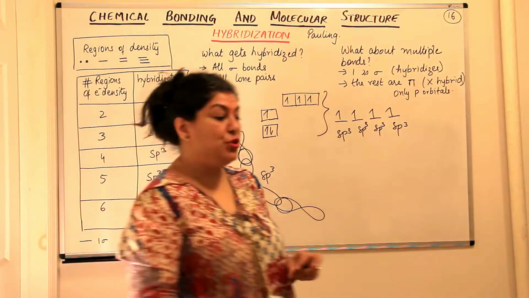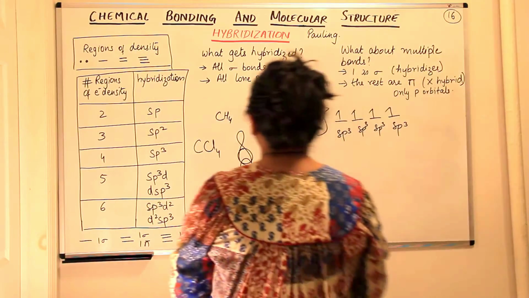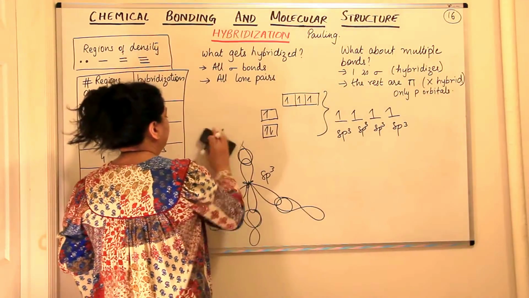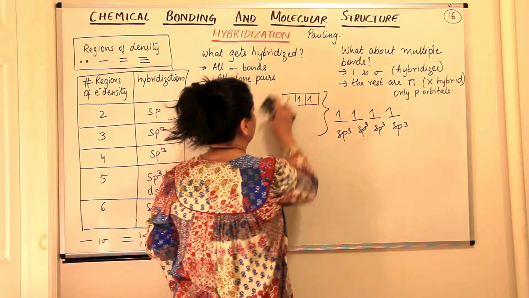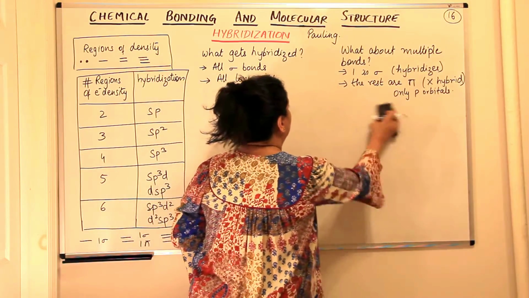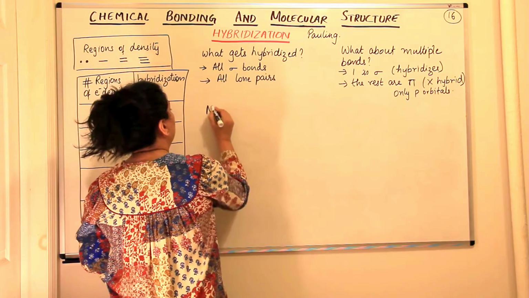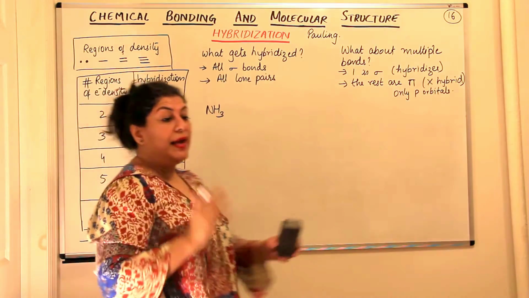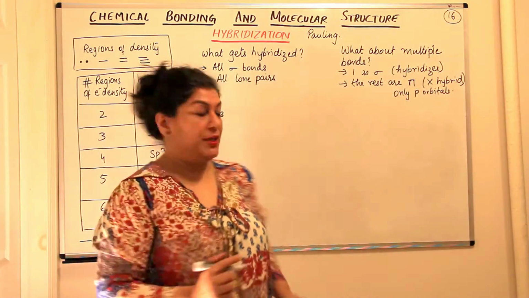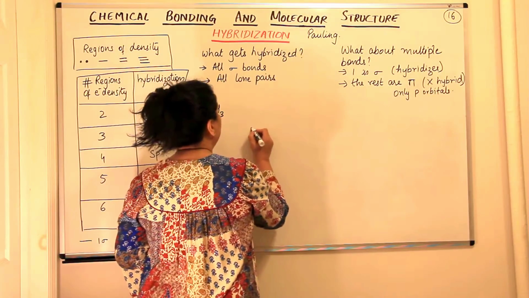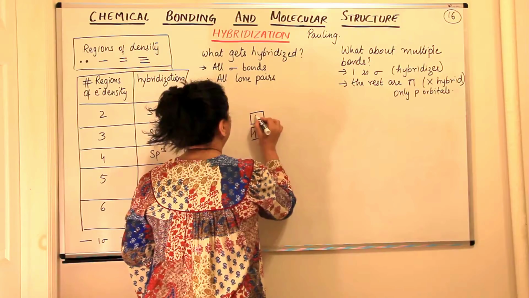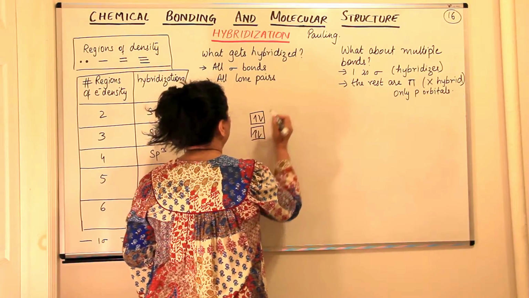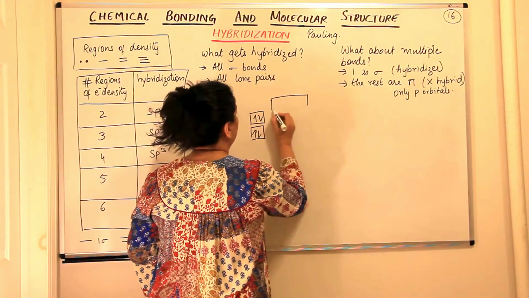So now let us come to another molecule, that is ammonia, NH3. Now, nitrogen is the 7th element. So let's write its electronic configuration: 1s2, 2s2, and 2p3.